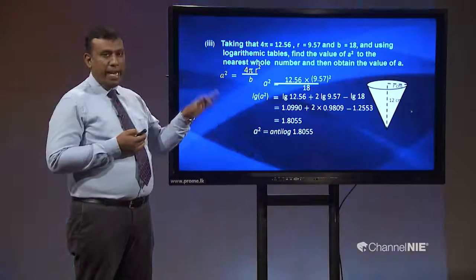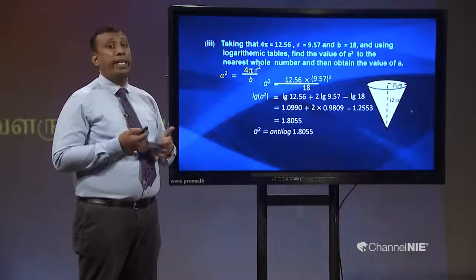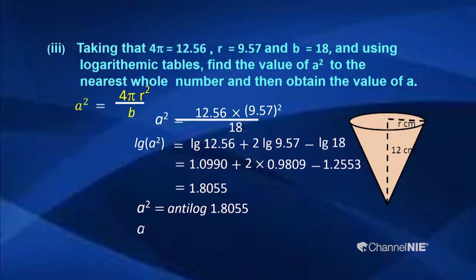Now after taking that value, you have to find the anti-log of that. When finding that value also, you have to follow the log table. Then the answer is 63.9.